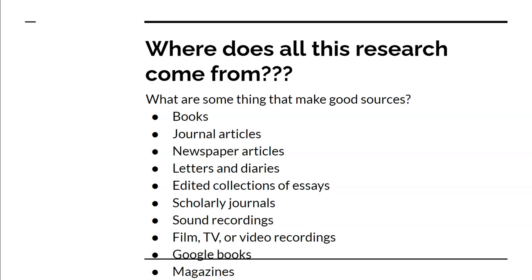Scholarly journals, you can use sound recordings, podcasts, radio shows, things like that. Film, TV, or video recordings can be good sources. Google Books, I've already mentioned, magazines. Any of these genres can be amazing sources if they are highly relevant to your topic.